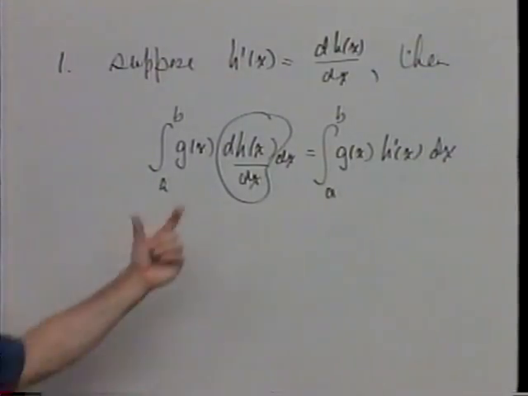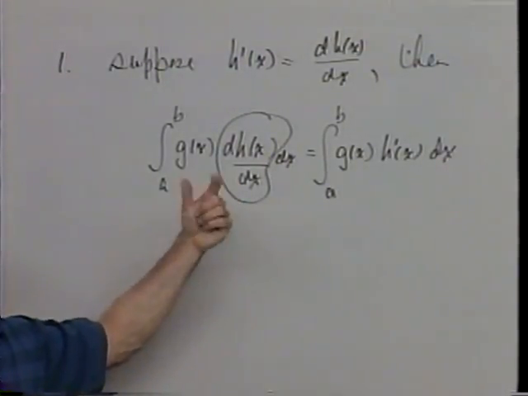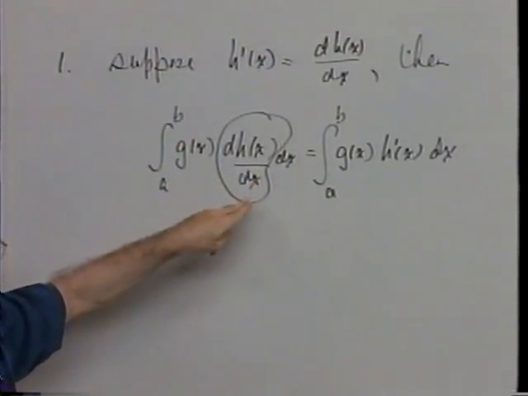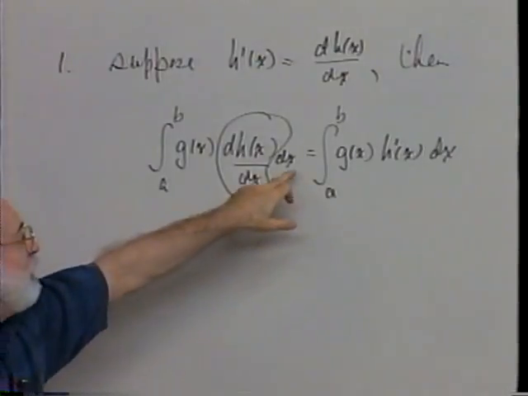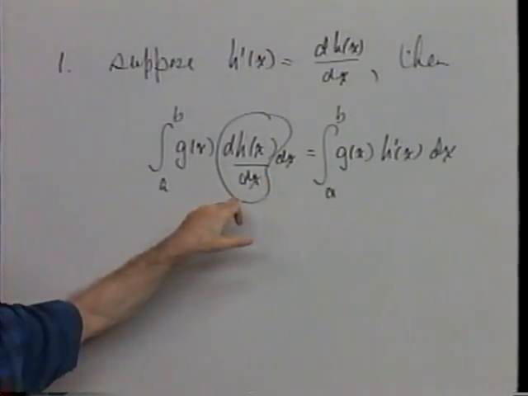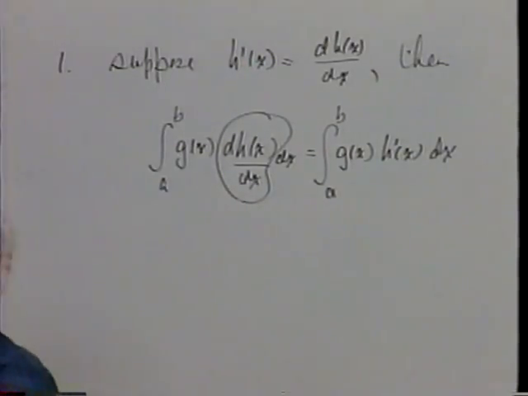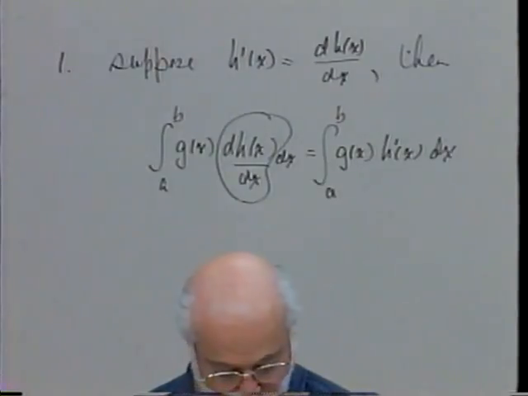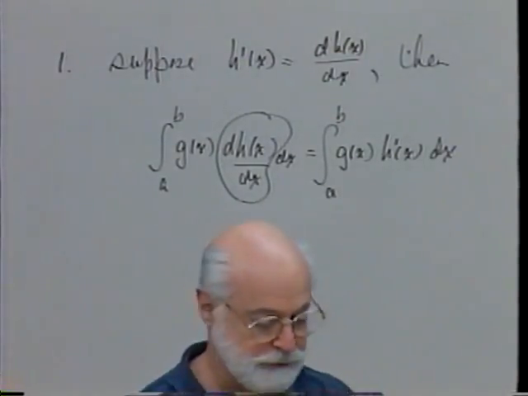Of course, you can't multiply and divide by dx. dx is not an algebraic quantity. But if you were to prove this, essentially you would have a delta x, and the delta x's would cancel, and that's how it would all work out. Then you take the limit, and the delta x goes to 0. Okay, so that's one major property.